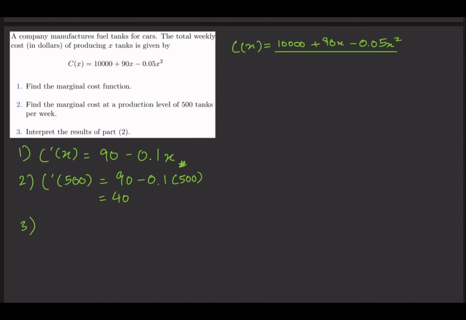Now interpret the result of part 2. What does it mean that we get 40?